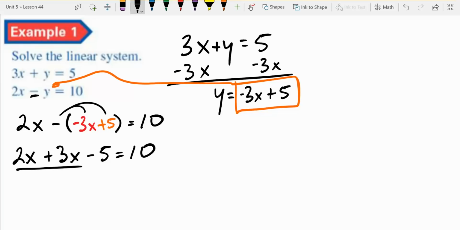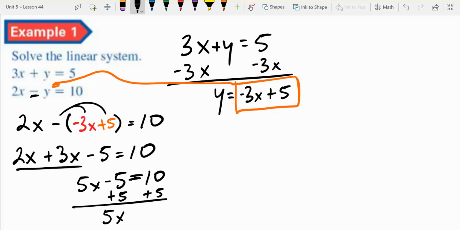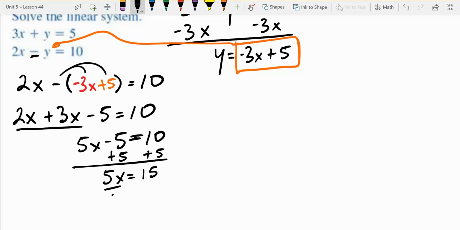And so we combine our like terms and we get 5x minus 5 equals 10. If we add 5 and add 5, we get 5x equals 15. Then we divide by 5 and we get x equals 3.